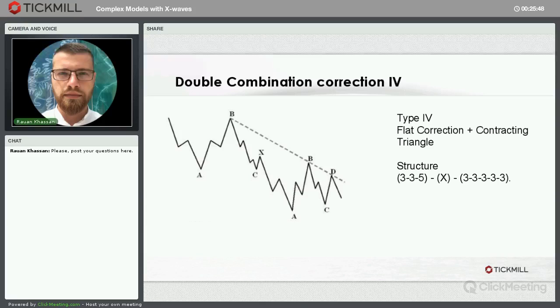Finally, combination 4 is a flat correction followed by an X wave and then finished with a contracting triangle.